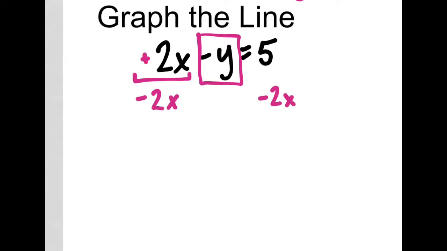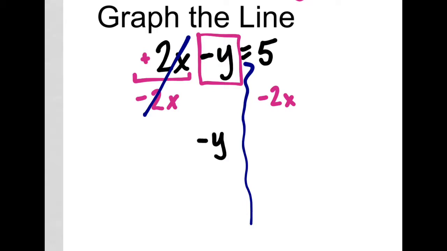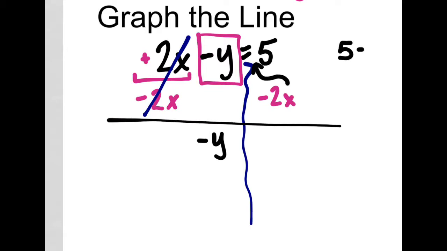And if it helps you, make a little line here to show the wall of the equal sign, so I can see that this really goes away. Don't forget the sign in front of the y. So negative y. And then again, I like to write this in front, but you are welcome to write it as 5 minus 2x.